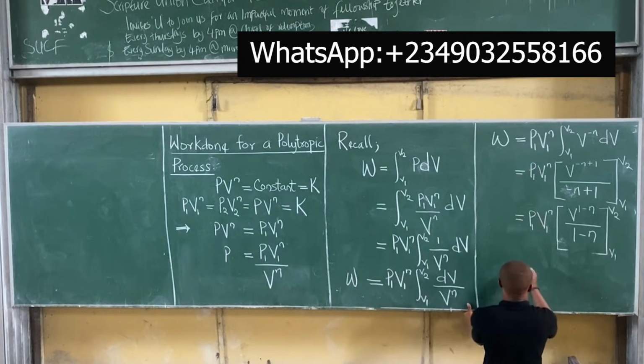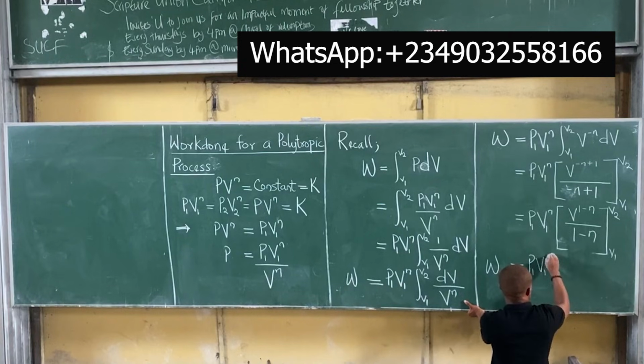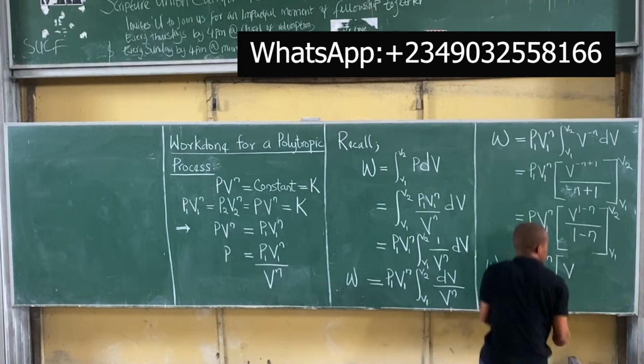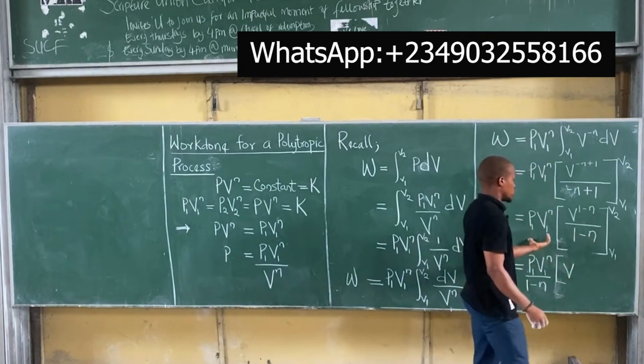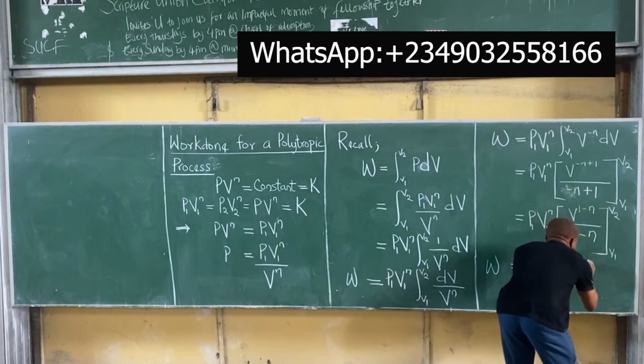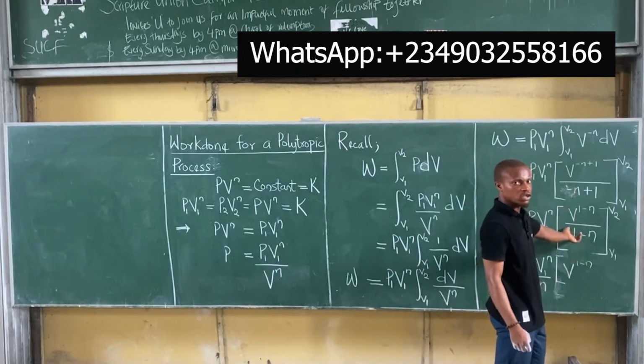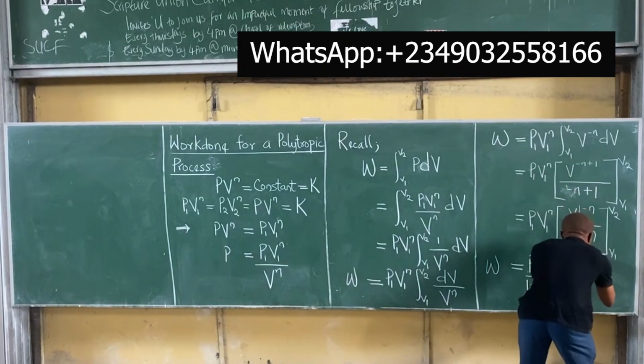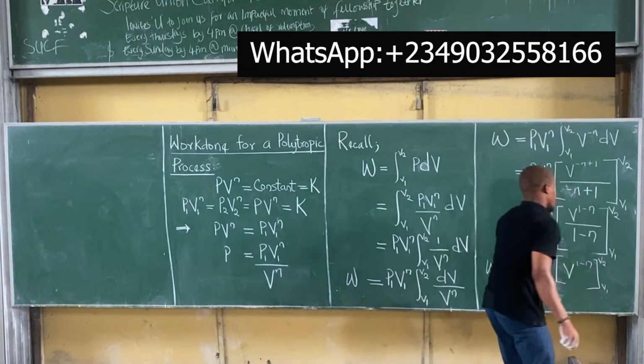We have that W equals P1 V1^n over 1 minus n, in bracket V^(1 minus n), between V1 and V2. I just had to remove this denominator, 1 minus n, over to this side, since it doesn't have any value of V in it.